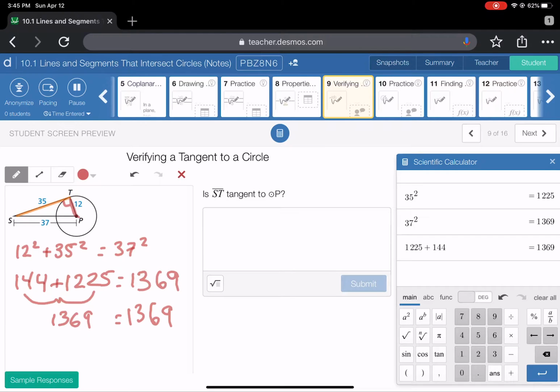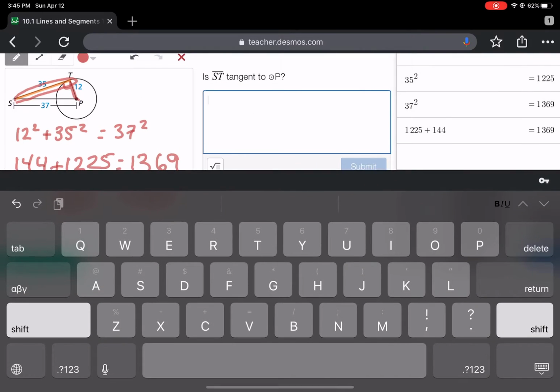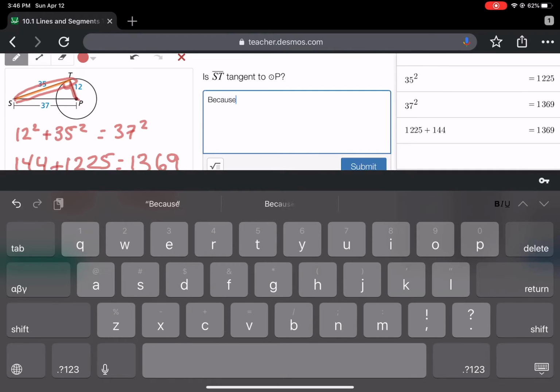So because this is a right triangle, that tells us that ST is indeed a tangent to circle P. So because triangle STP is a right triangle, segment ST is a tangent to circle P.